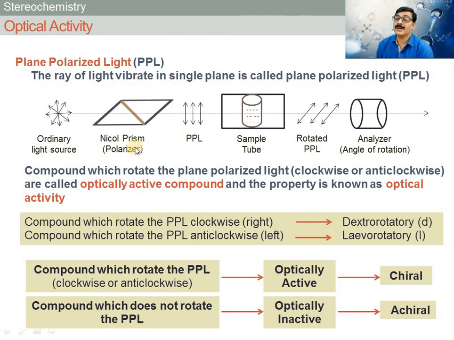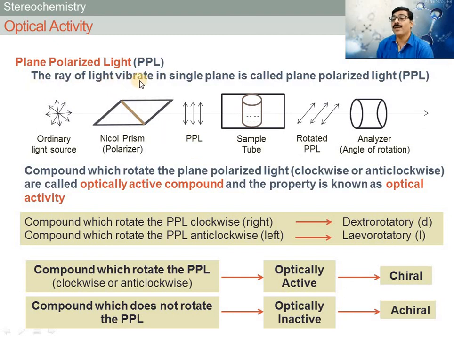The polarizer has the function to convert the ray of light vibrated in all directions into ray of light vibrated in a single direction, that is in a single plane, and such type of light is called the plane polarized light.